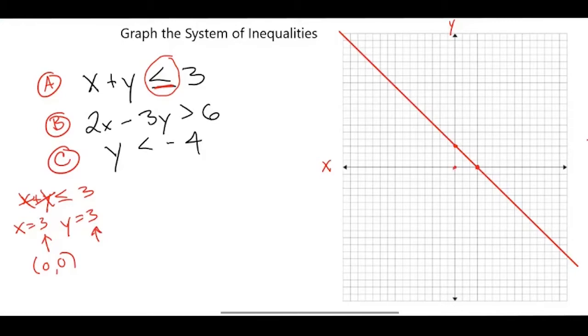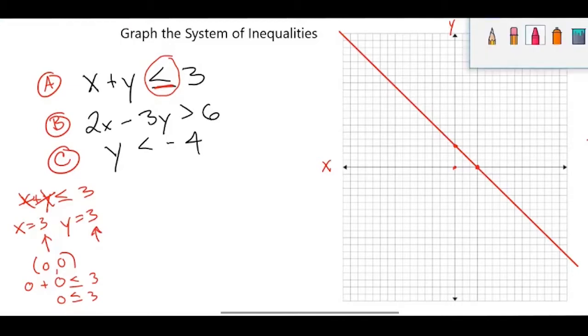So I'll plug that in and it'll be 0 plus 0 is less than or equal to 3. So 0 is less than or equal to 3. And that is true. 0 is less than or equal to 3. So I'll shade where 0, 0 exists.